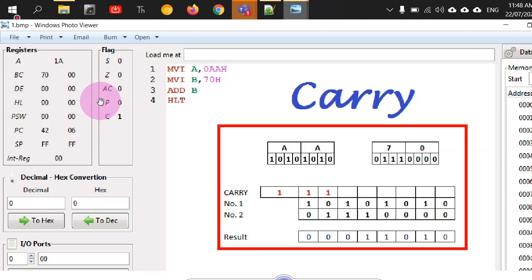And this is not true for the data movement instructions. For example, inside the accumulator, if you move some data which has an even number of ones, that won't set the parity bit to 1, right? But if something is calculated, in that case the parity bit will be set.